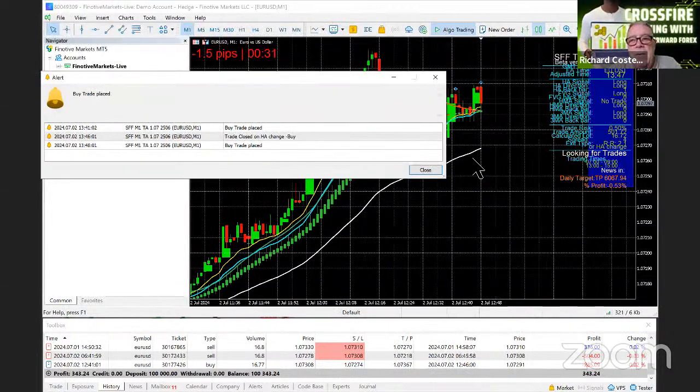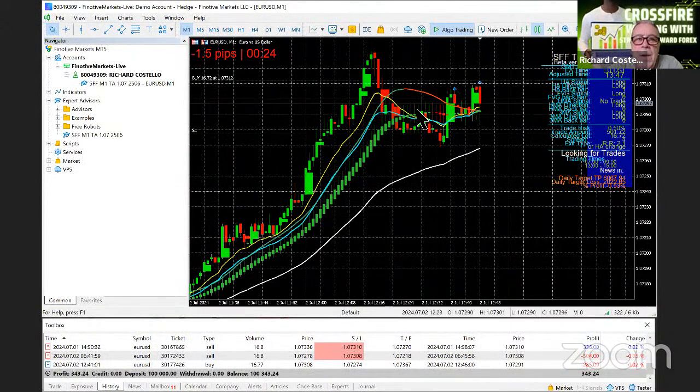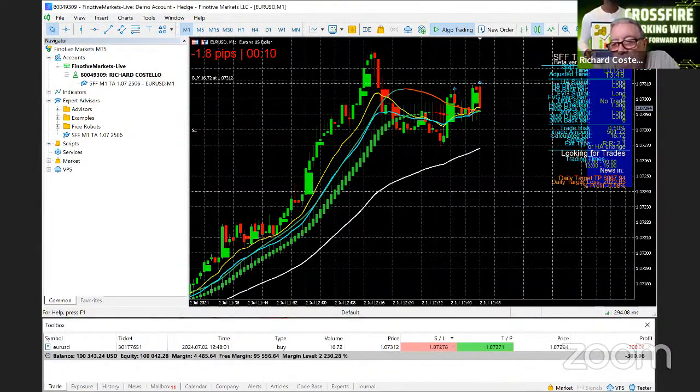I'm not really comfortable with that for the simple reason that price is just moving sideways. I'm in for a buy, but look, price has dropped down to fill that fair value gap. If I look at the trade itself, I'm in a loss of about $300 on that.